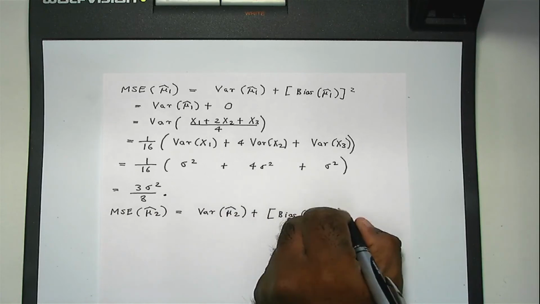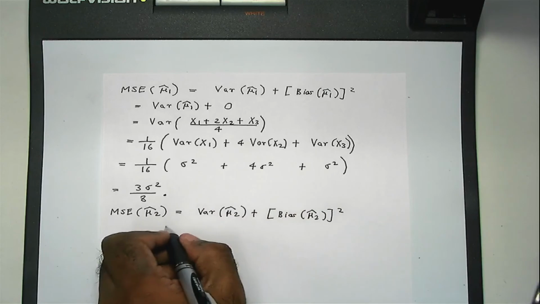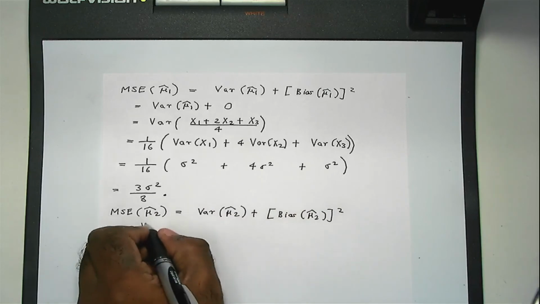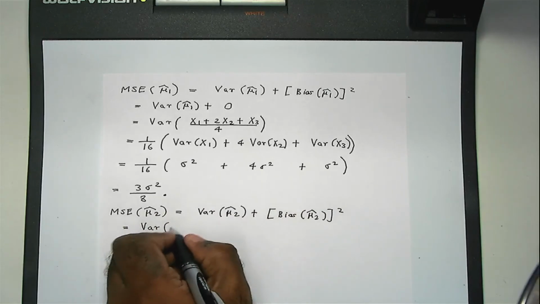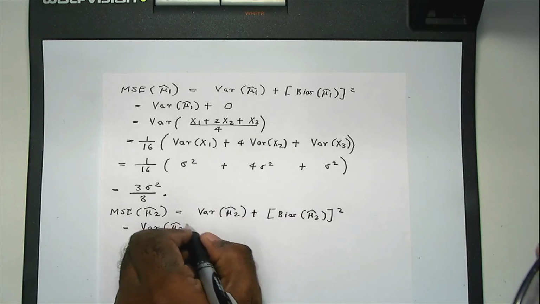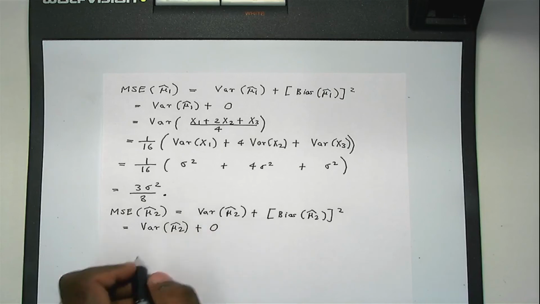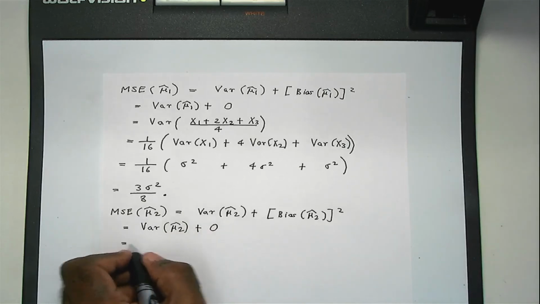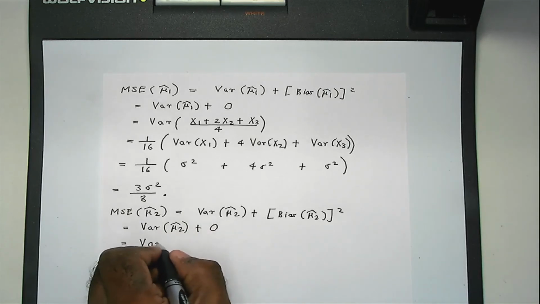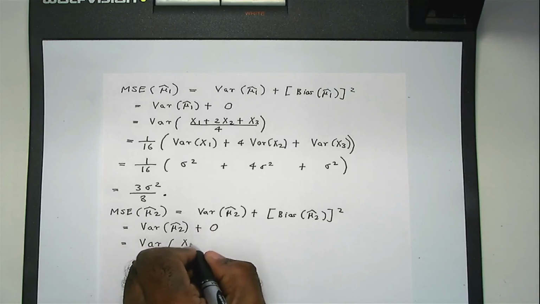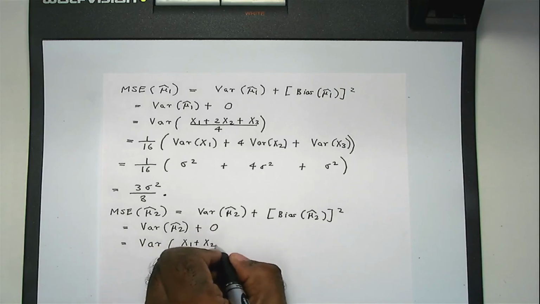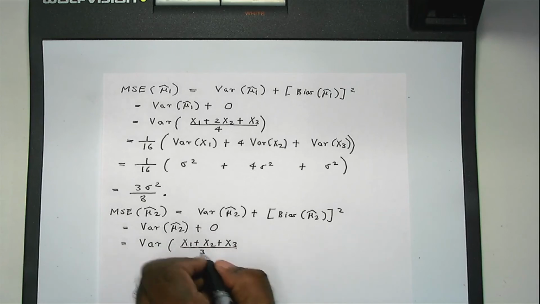We know that the bias is 0, so this is going to be the variance of mu2 hat plus 0. So this is the variance of the sum divided by 3. Right?